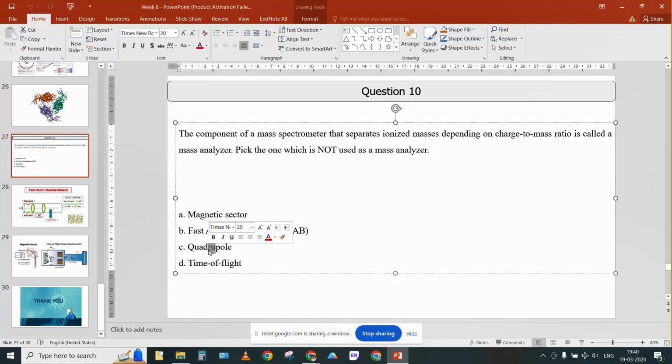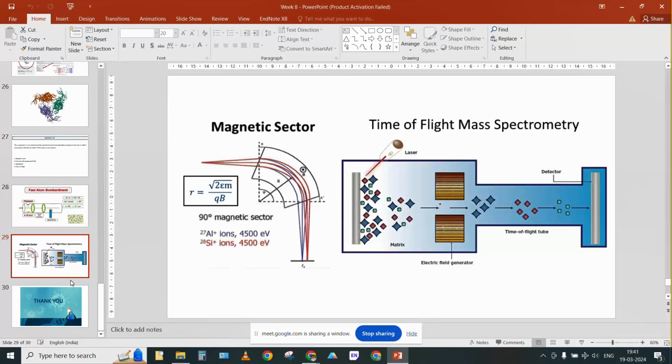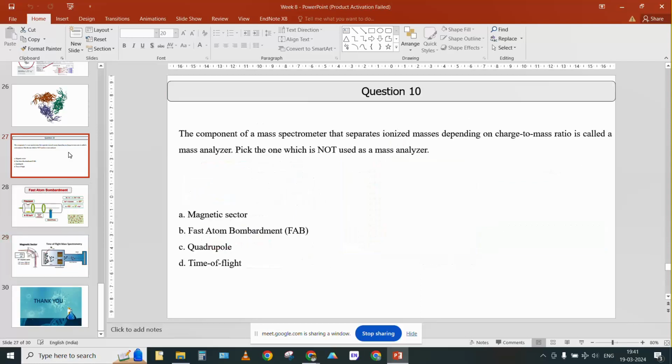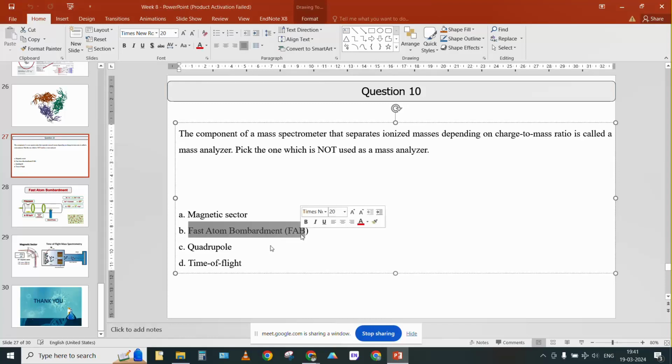The quadrupole consists of four parallel metal rods and creates an oscillating electric field, allowing only ions with specific m by z ratio to pass through to the detector. So the correct answer is fast atom bombardment, because the other options can be used as a mass analyzer, while this is an ionization technique.